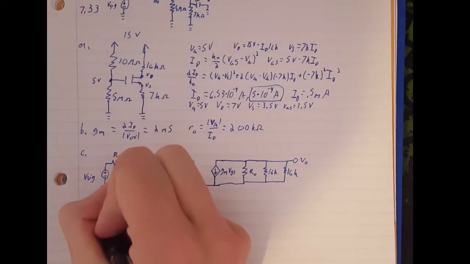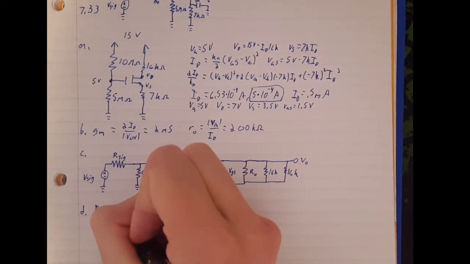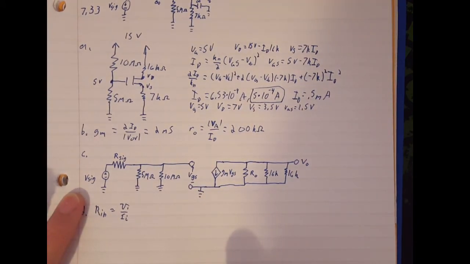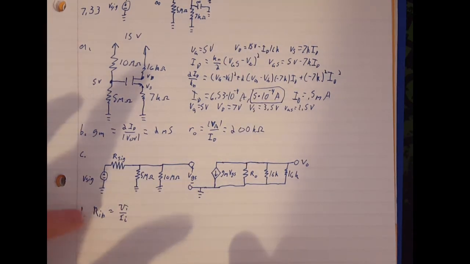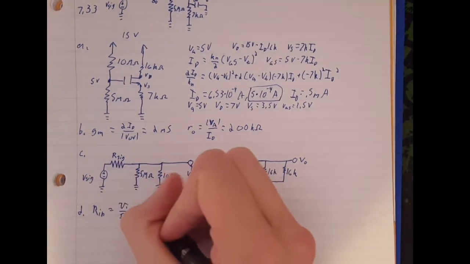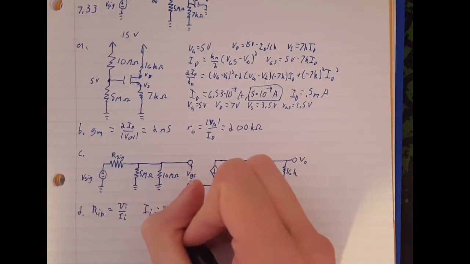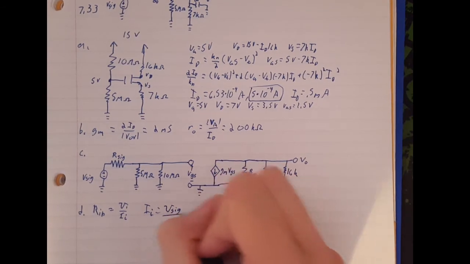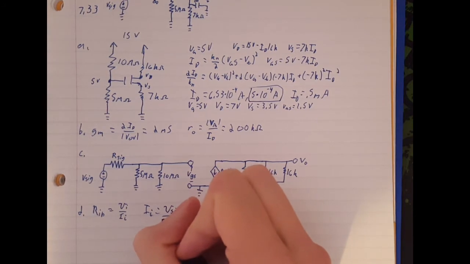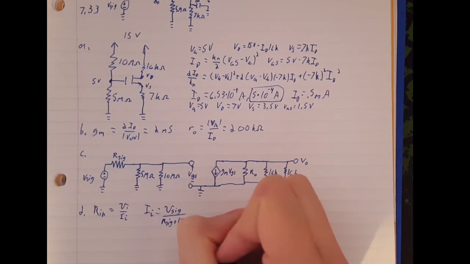So let's start off with Rin. Rin is always equal to Vin over Iin. In this case, our Vin is our V sig right here, and our Iin is the current flowing through V sig. To get the current flowing through V sig, we do Iin equals V sig over the total resistance on this branch, which is R sig plus 5 mega ohm in parallel with 10 mega ohm.